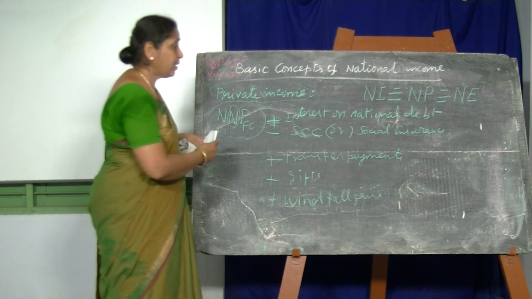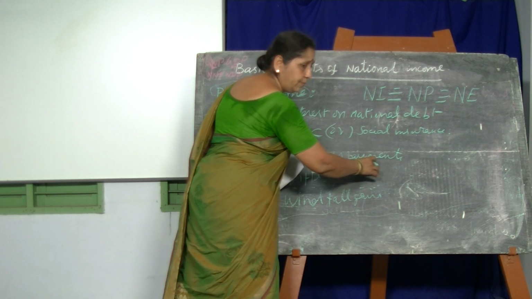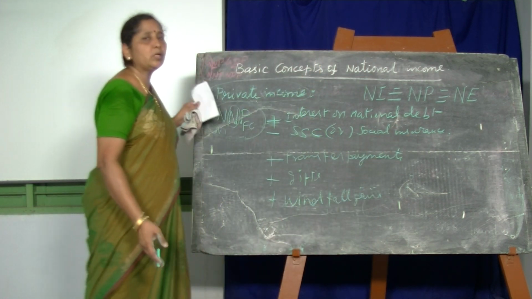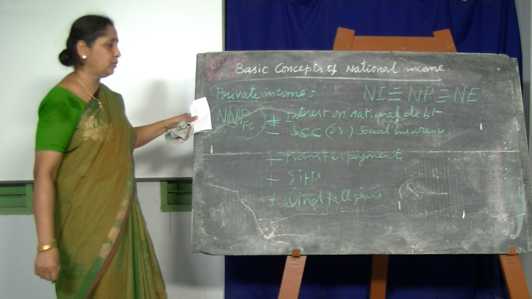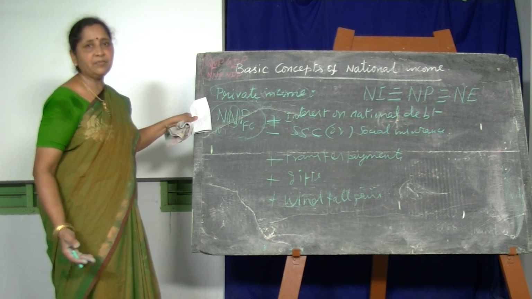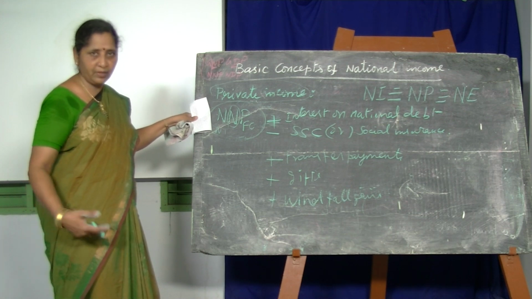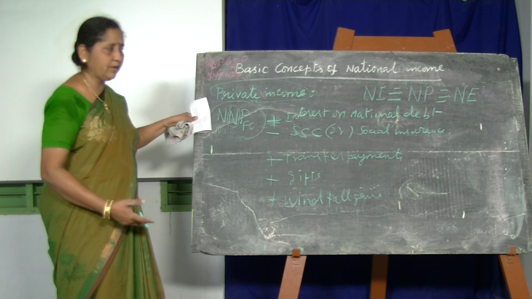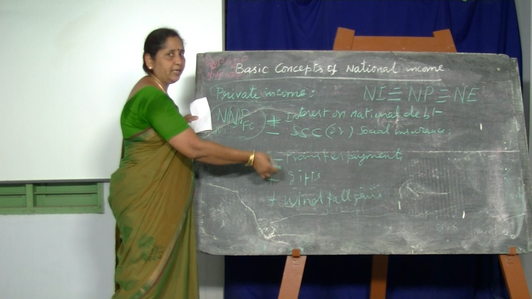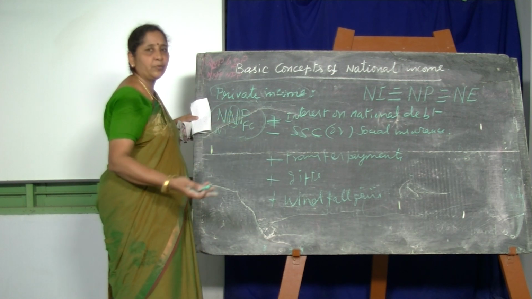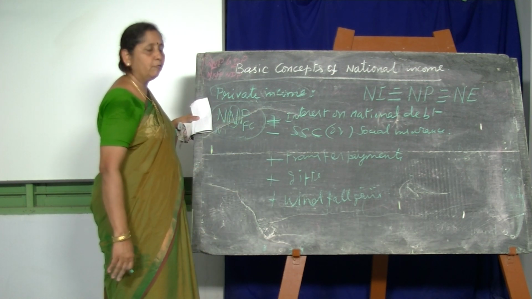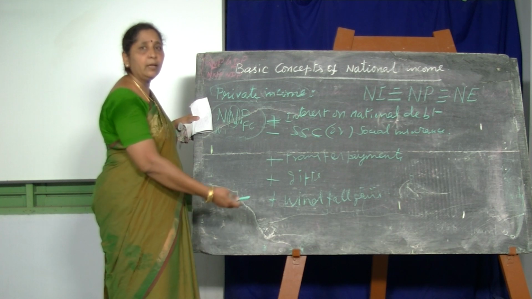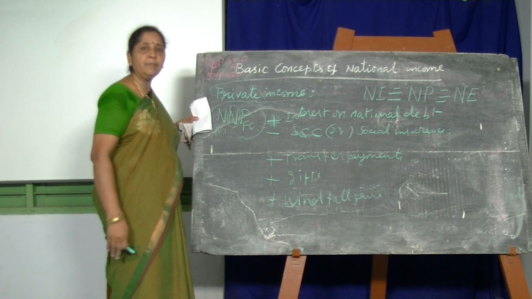Gifts, this transfer payment may be from within the government or from abroad also, because ours is an open economy, I have already told. The gifts we will receive sometimes from the government and from abroad also. That is added up. If it is in money term, or suppose a building is given to a great singer, won't it be added in his income?